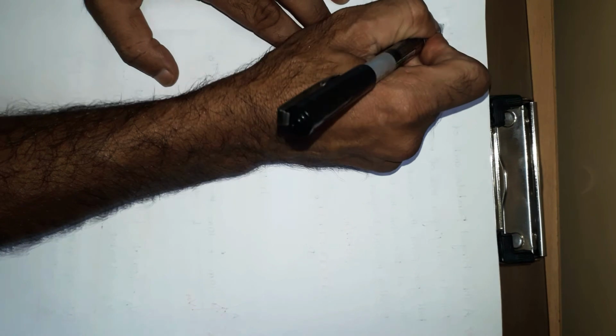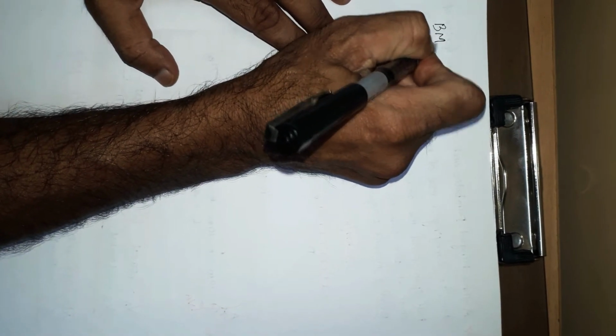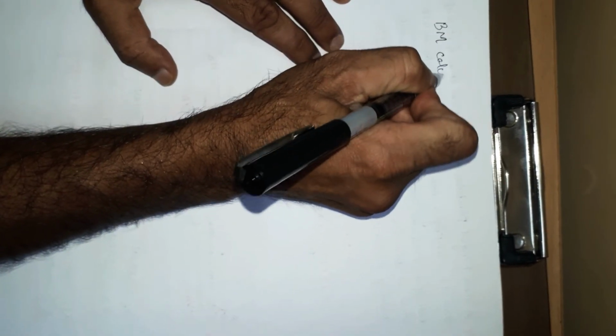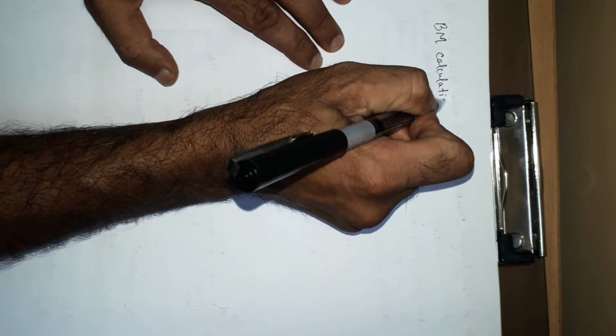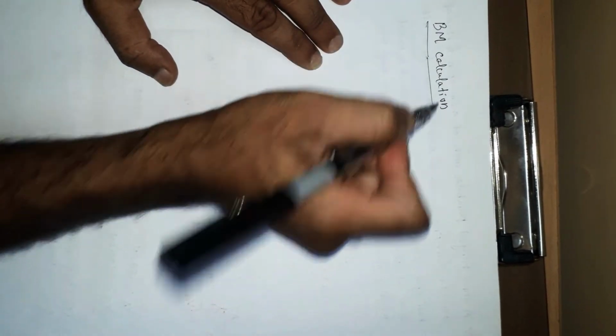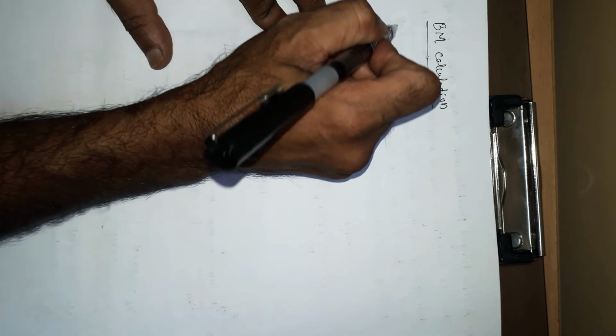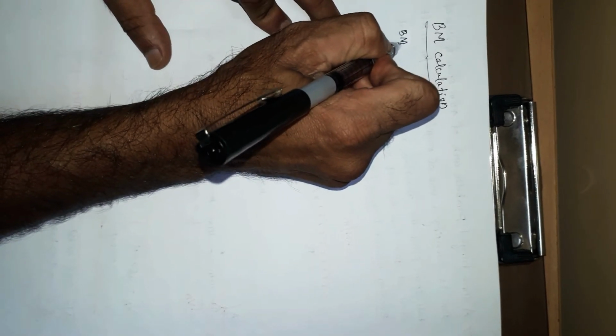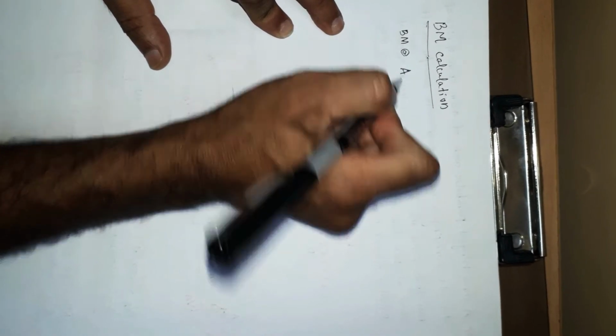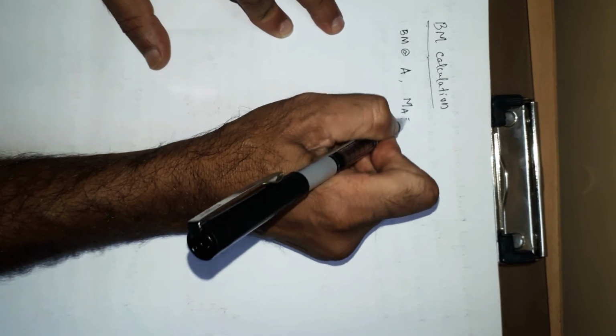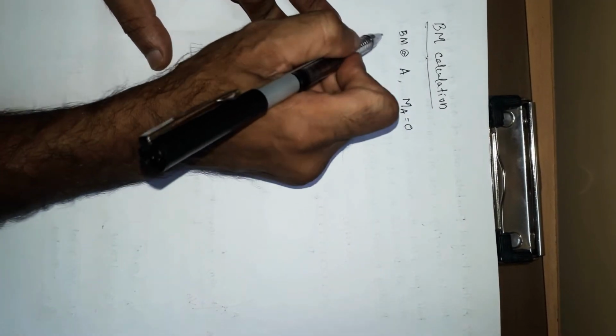Now let us do the bending moment calculation. As we know, bending moment at A, MA is equal to 0.